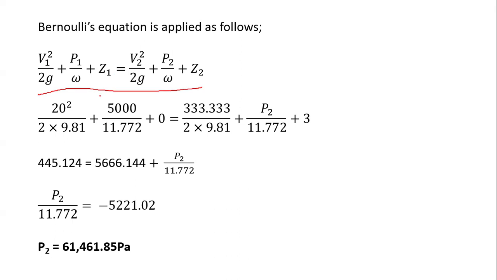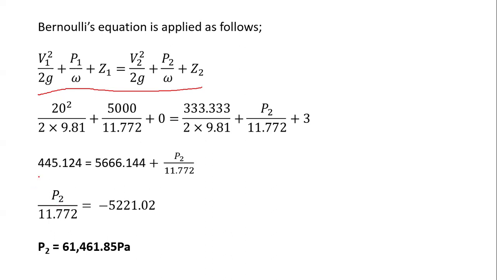Then P1 was already provided as 5,000 divided by the specific weight of this air, which from the data was 11.772. V2, we just found it to be 333.333, squared and divided by 2 times 9.81 once again, plus P2 over the specific weight, and again plus 3, because Z2 is 3, Z1 was 0.